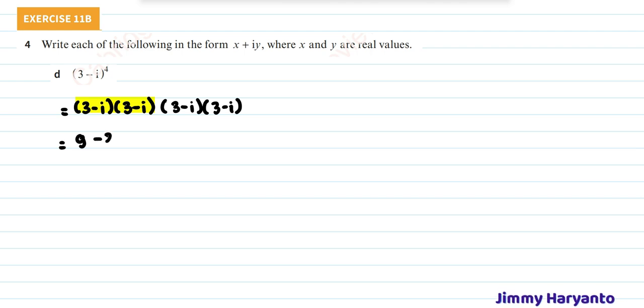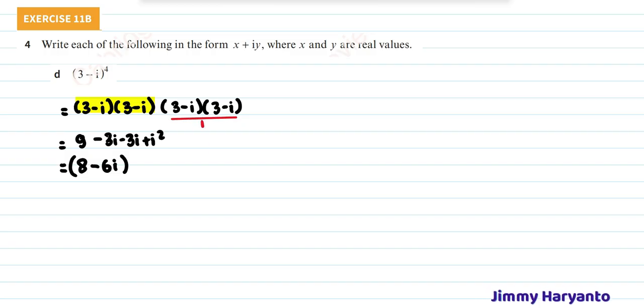And then minus 3i plus i squared. Since i squared equals negative 1, that means 9 minus 1 equals 8 minus 6i. Okay, because the other part is also the same, I can write this down as 8 minus 6i also. Okay, and then we multiply it one more time.